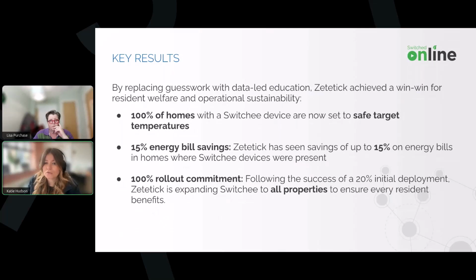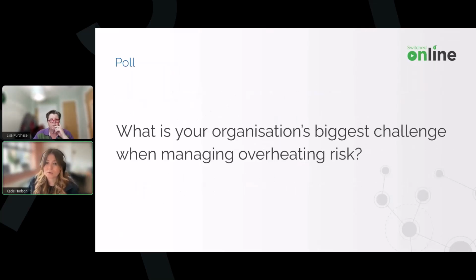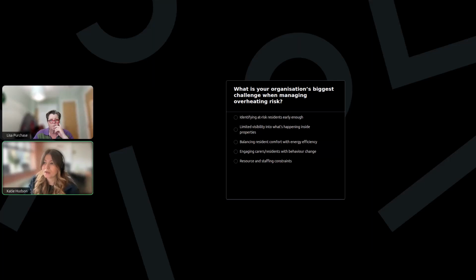So we're just going to reflect on everything that we've just said so far, and we're going to have a poll that is going to pop up. That should pop up on your screen soon with some options. The poll is: what is your organisation's biggest challenge when managing overheating risk? If you just want to select which option feels most applicable to your organisation, we'll let this run for a minute and then we can go through what people are saying.